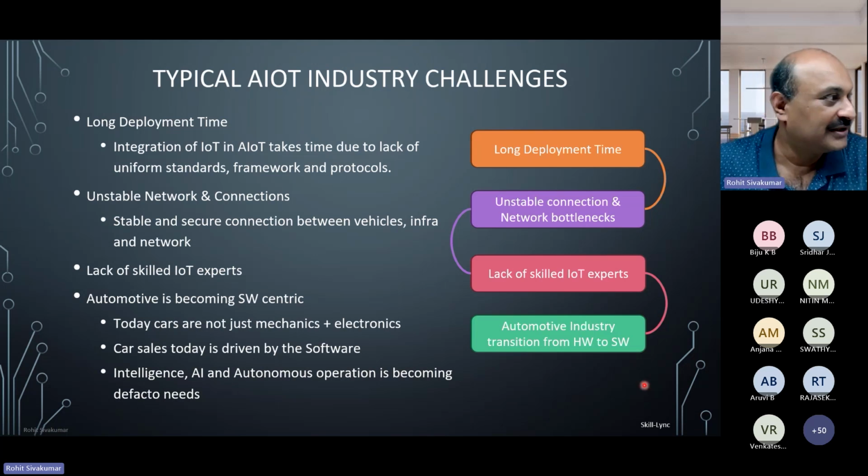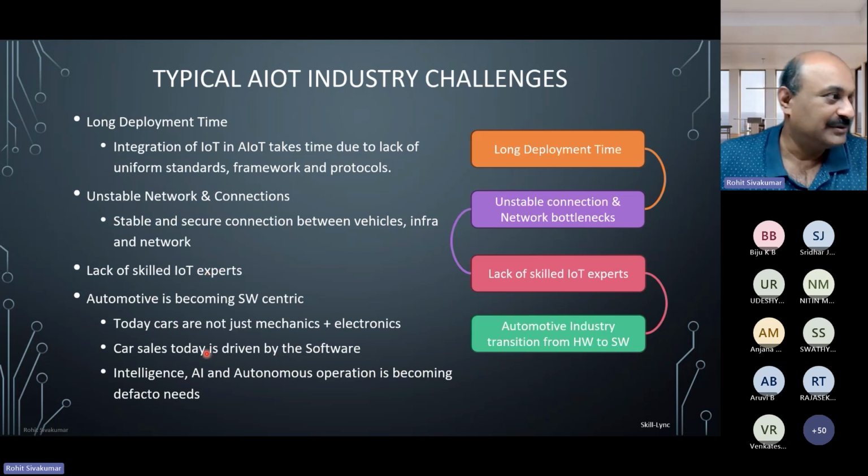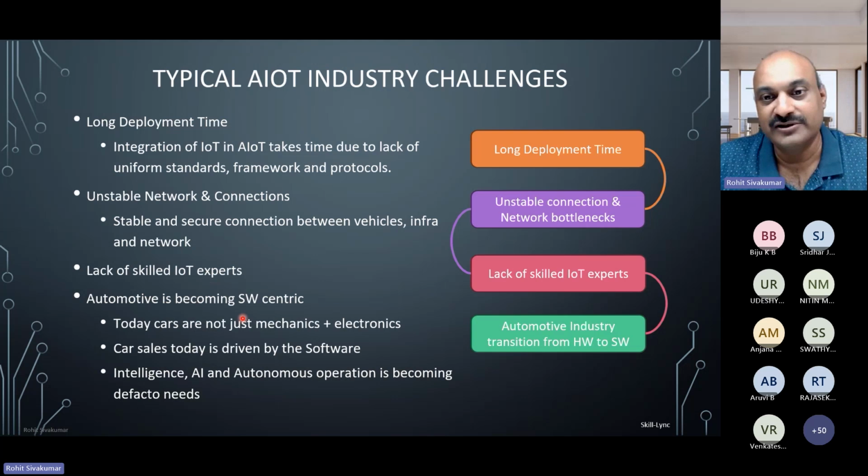This is again a very big challenge when it comes to getting the right skill sets in the automotive segment, especially because automotive is now becoming more software centric.